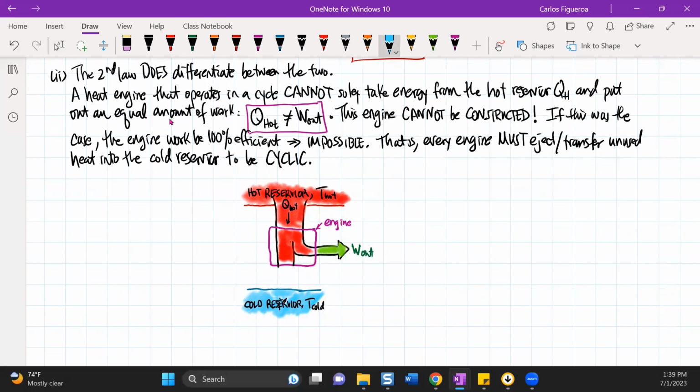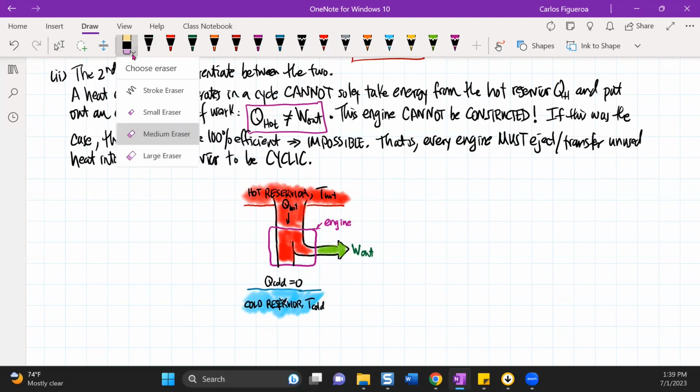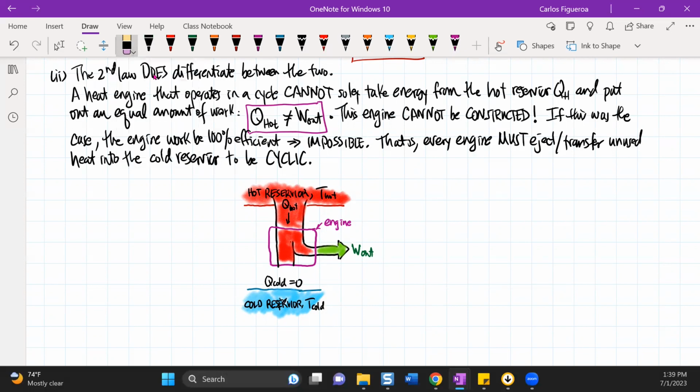In this case, Q cold is equal to 0. Now, that means I cannot take all of my heat and put it into work.